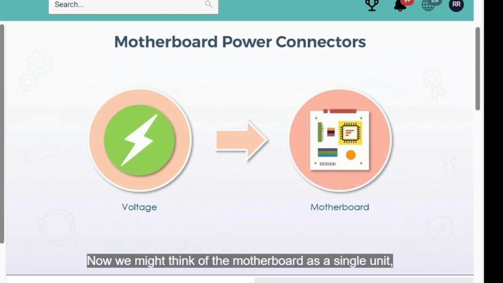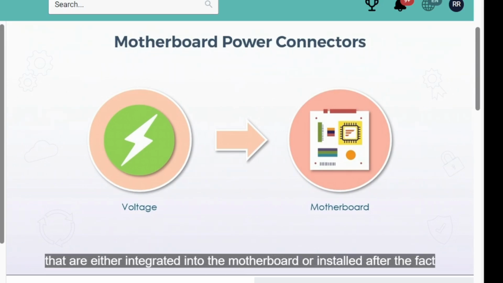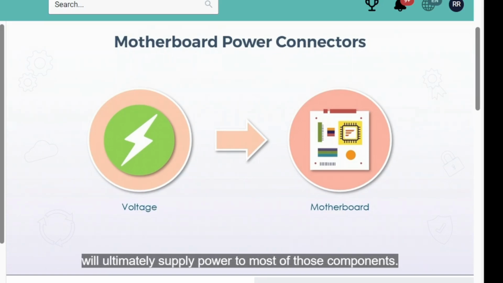Now, we might think of the motherboard as a single unit, but of course there are many different components that are either integrated into the motherboard or installed after the fact, such as video cards, sound cards, or any other expansion device. So the connector that we use to supply the power to the motherboard will ultimately supply power to most of those components, but in some cases there are additional power connectors that are required for some of those extra components.